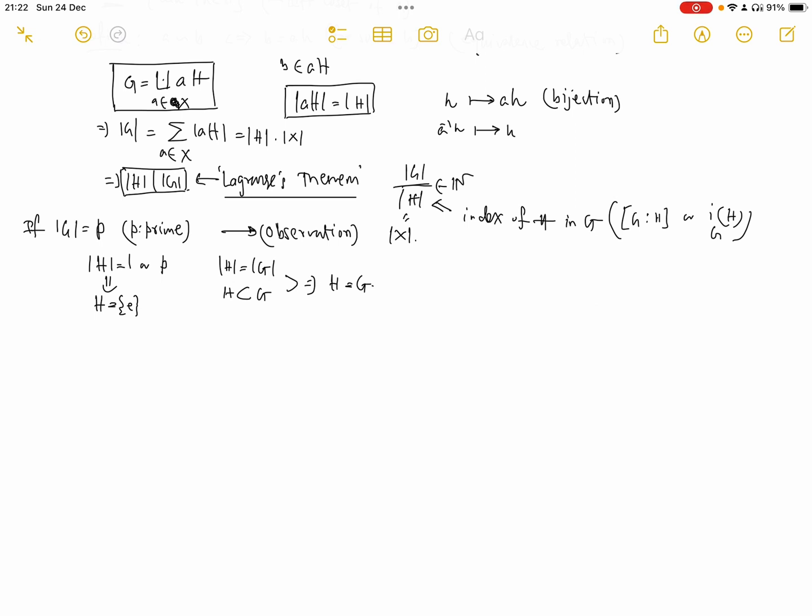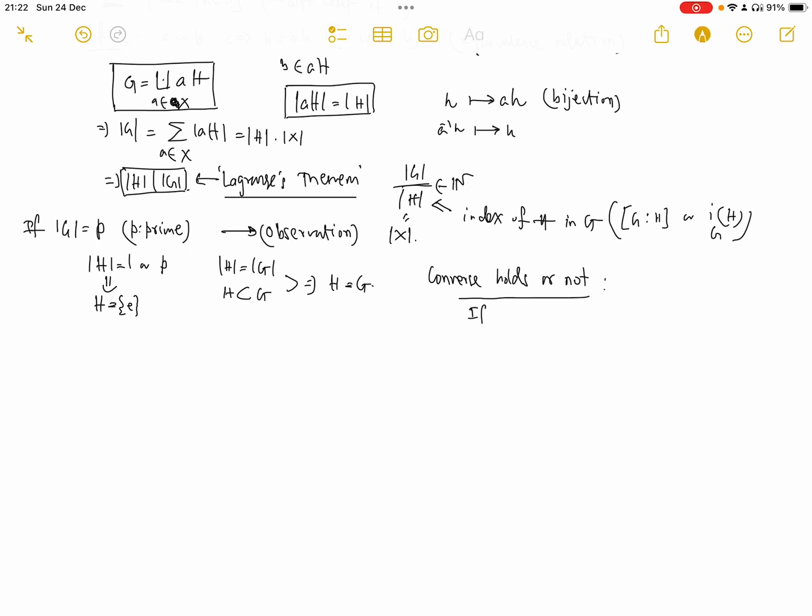Now, this is Lagrange's theorem. So the most natural next question is whether the converse holds or not. Converse means that given any finite group G and any divisor of its order, whether there exists a subgroup of that order.